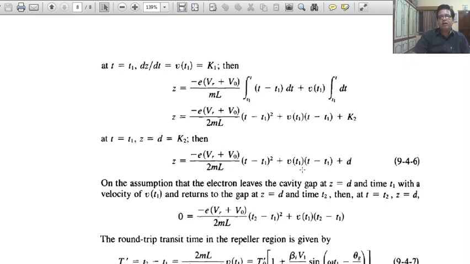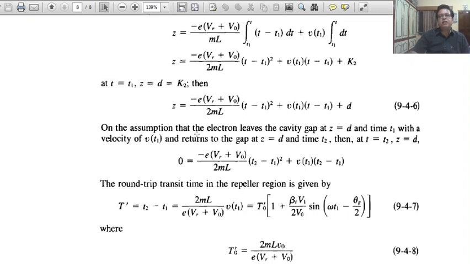Now, on the assumption that the electron leaves the cavity gap at z equal to d and time t1 with a velocity of v(t1) and returns to the gap at z equal to d and time t2, then at t equal to t2, z equal to d.